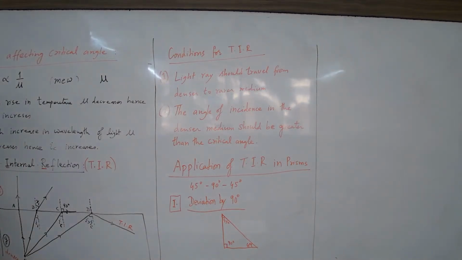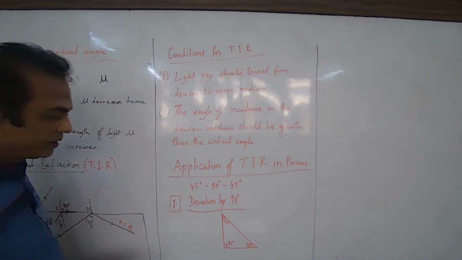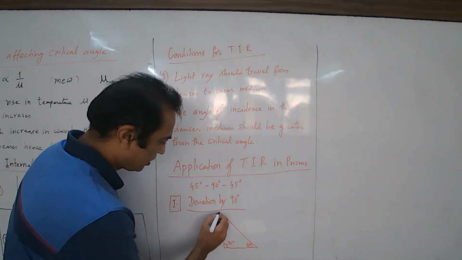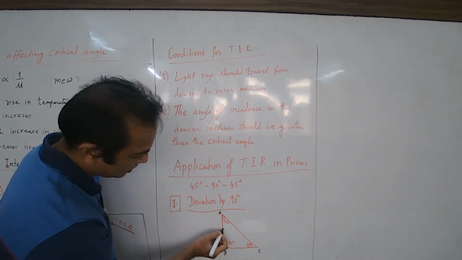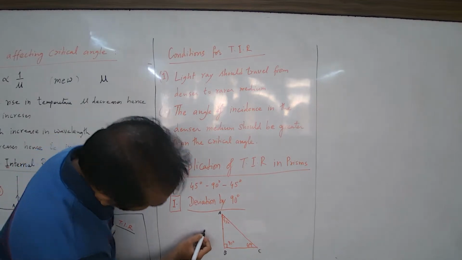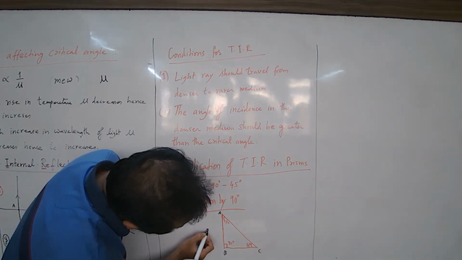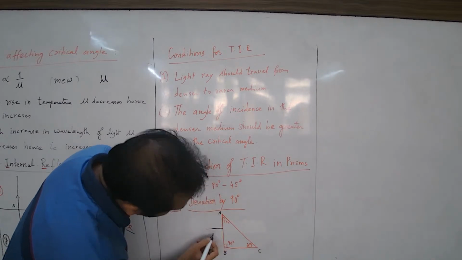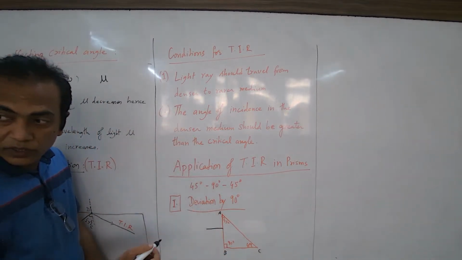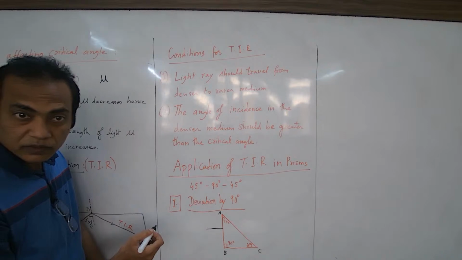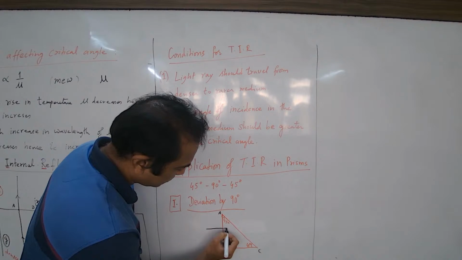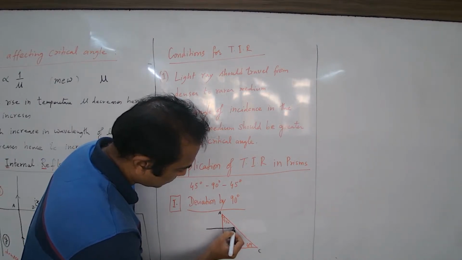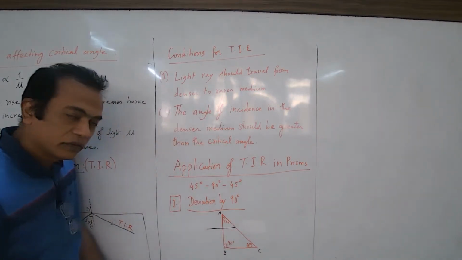Now I am saying the deviation of the ray by 90 degrees. At this face A, B, C, let us say the ray is incident here. So it is incident along the normal. How will it enter inside? Will it deviate? No, it will go straight. Now what is the angle of incidence here?